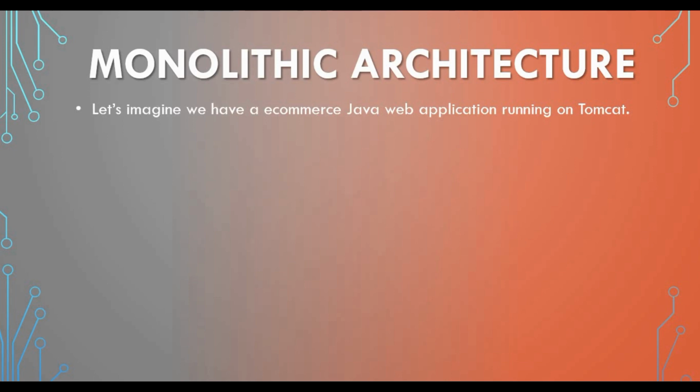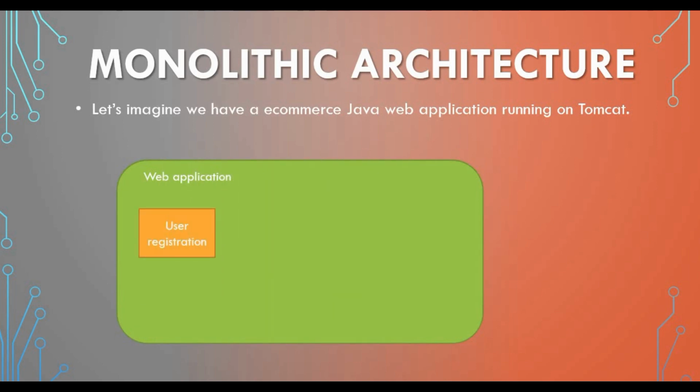Java based application. Since it's an e-commerce application, you may have your web application have different interfaces, right? Like you need to have a user registration page where you can register to your web e-commerce page. For example, your Amazon or eBay or something, you need to have a user registration, right? And you also need to have a login page where user can log into your application.